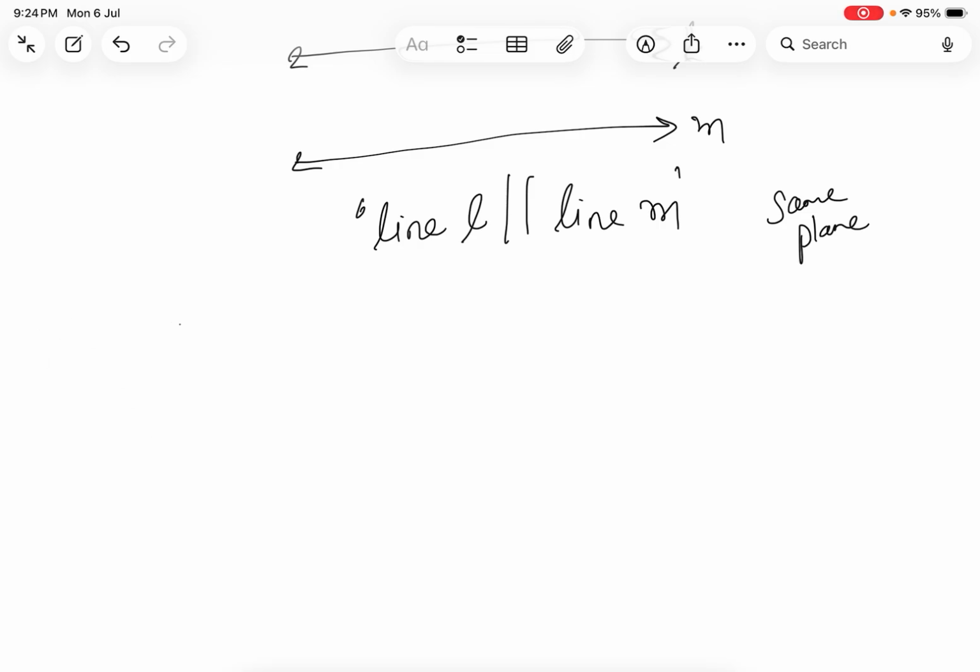Now, in continuation to this, we are going to learn a new concept, the concept of transversal line. So what is a transversal line? When a line is drawn and it passes through two lines at two distinct points, then that particular line can be called a transversal to those two lines.